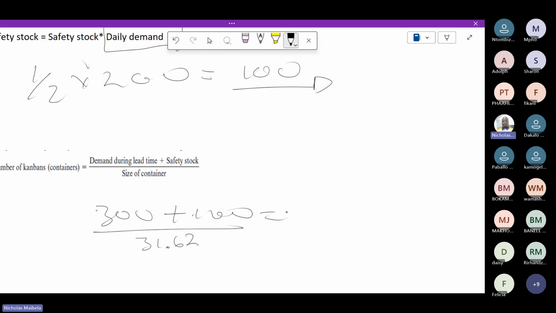Guys, please add for me. 12.65. 12.65, which makes it 13 containers or Kanbans.